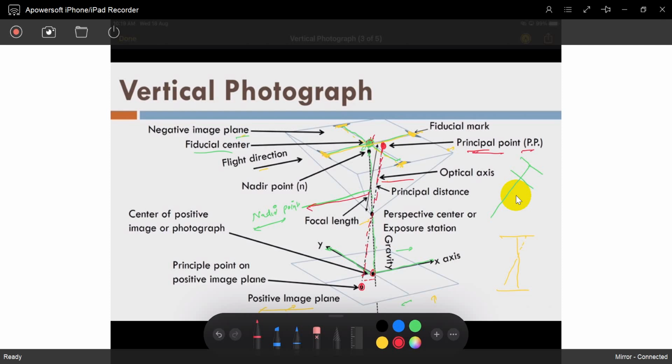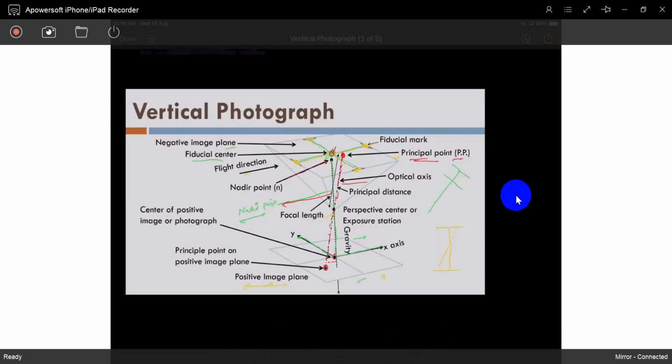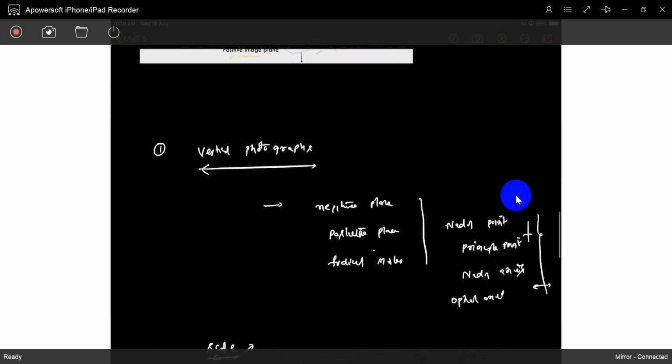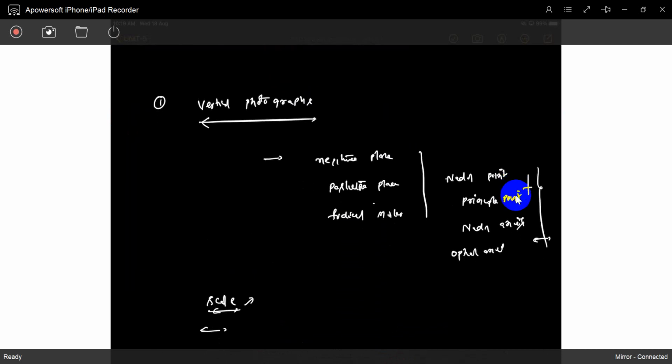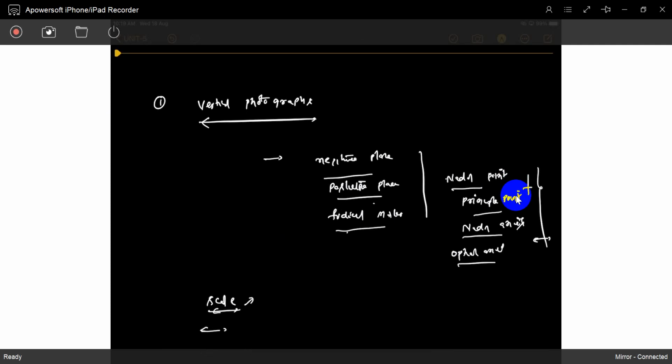This exactly coinciding point is the nadir point, not the principal point. The principal point has a small variation, about 3 degrees. We discussed that last class. So we discussed the negative plane, positive plane, fiducial marks, nadir point, principal point, nadir axis and optical axis.